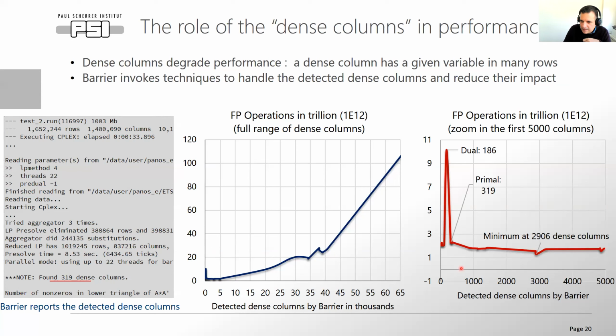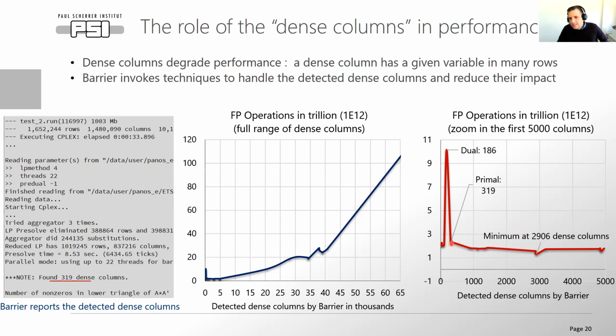This is the zoom that I made. When we passed the dual to the barrier, we had 186 dense columns, which created quite a large number of floating point operations. But when we changed to primal, the number of dense columns detected by barrier increased, but the floating point operations reduced.